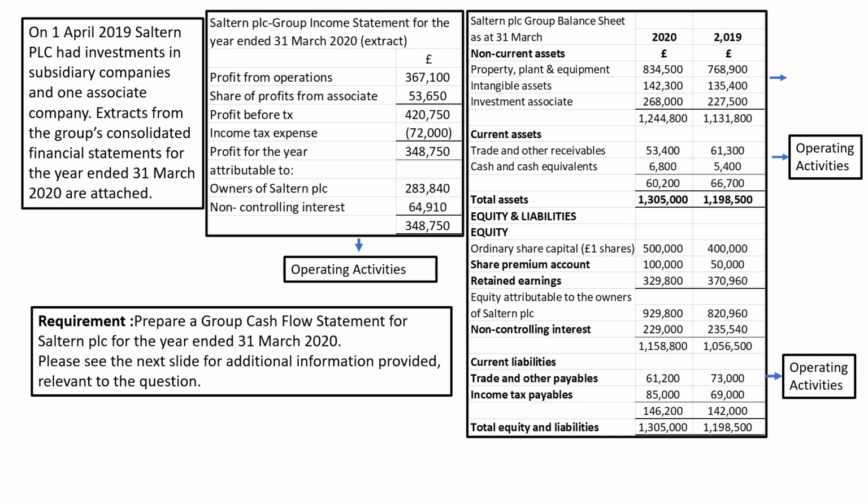The non-current assets, or the acquisition of assets, go to the investing activities in a cash flow statement, and the financing of these assets, if you like, goes to the financing activities of the cash flow statement, which are through the issue of equity and perhaps more loans. In the next slide, we are provided with more additional information relevant to the question.